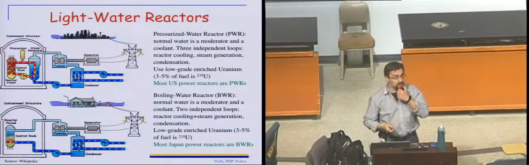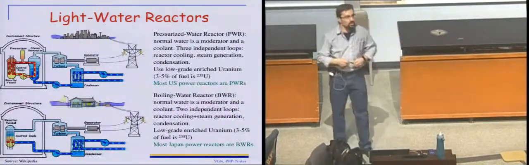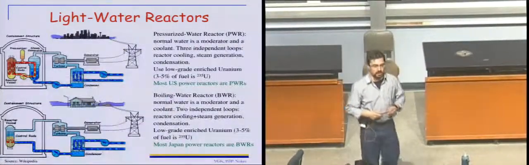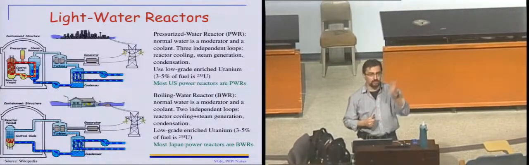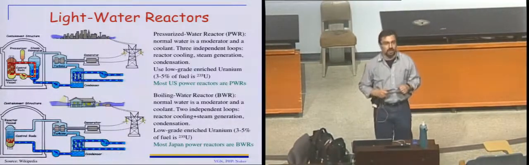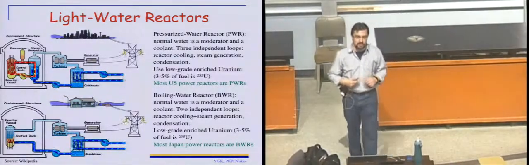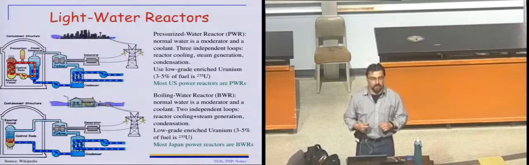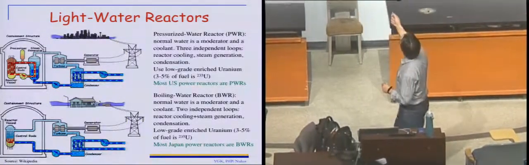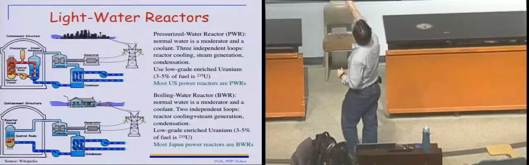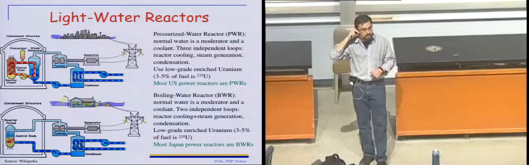So what are the types of reactors? Well, the most commonly used nuclear power plant reactor is the so-called light water reactor. There are two types: PWRs, which stands for pressurized water reactor, and BWRs, which stands for boiling water reactor. The pressurized water reactors are most commonly used in the US.